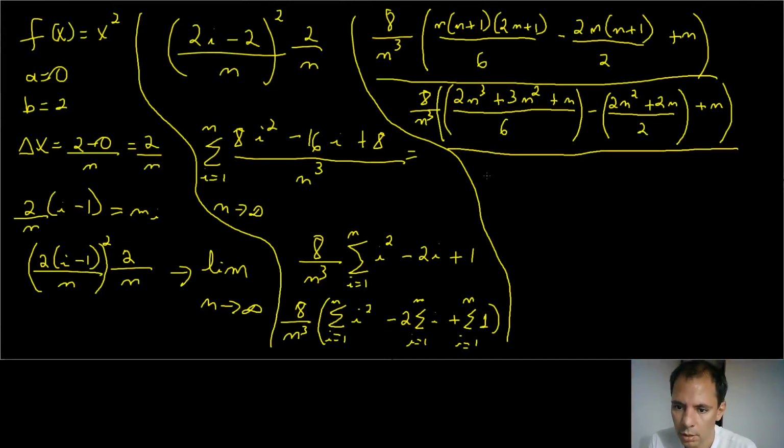All right. Now let's see what we can do in here. Here you're going to have 8 divided by n cubed, and then you're multiplying. So is there anything n cubed in here? No, there isn't. So you have this 2n cubed.